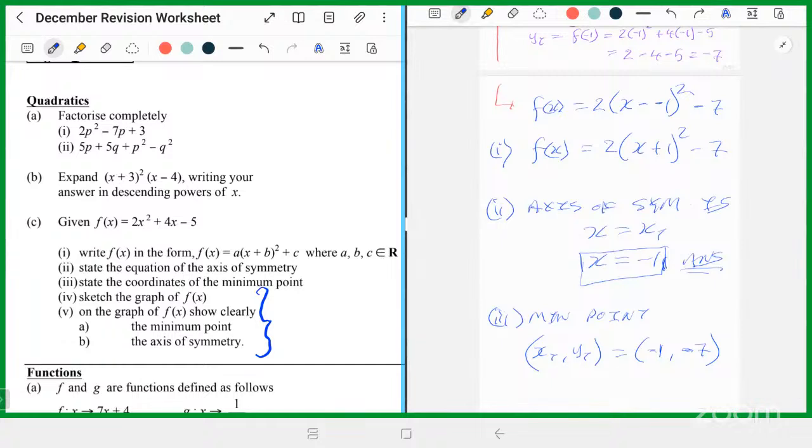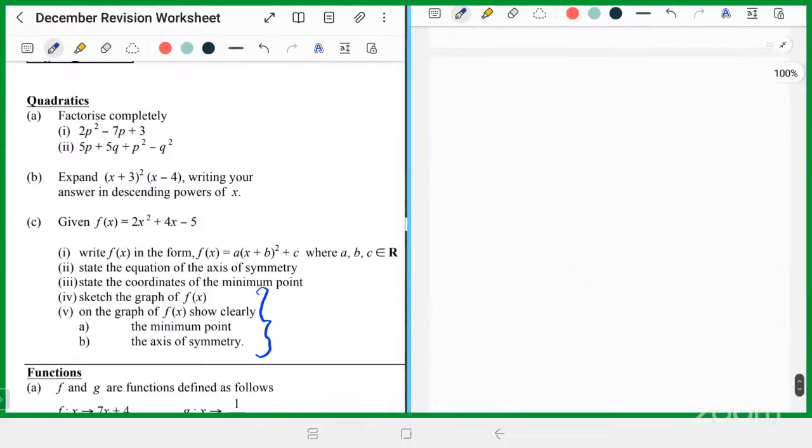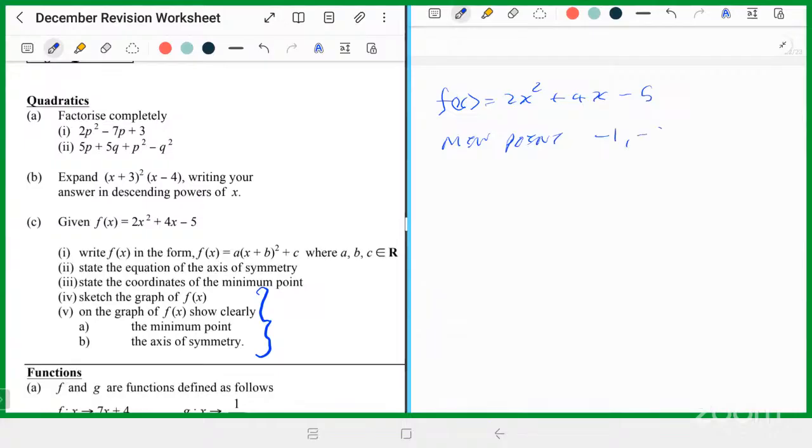axis of symmetry. Alright, so let's work out the sketch now. So the function, remember, is f of x equals 2x squared plus 4x minus 5. And we get a minimum point, -1, -7. And the axis of symmetry passes through that minimum point.